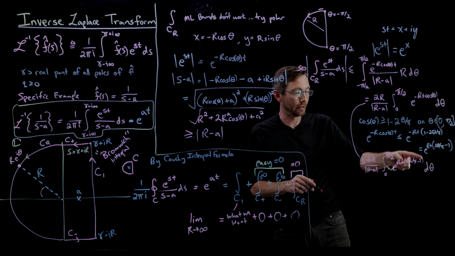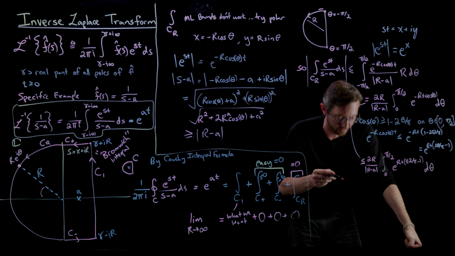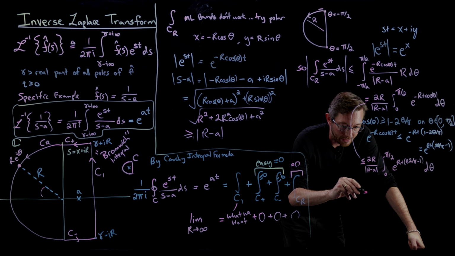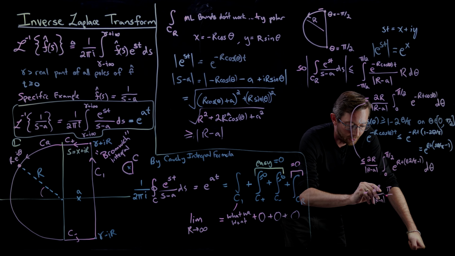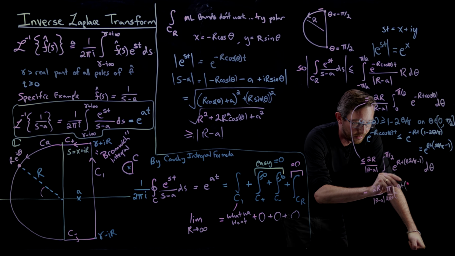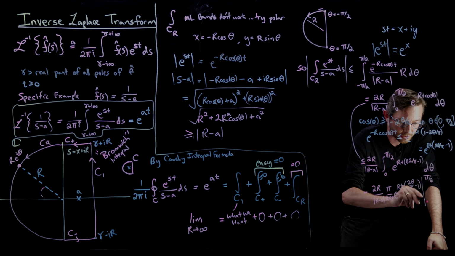This is now an integral of e to the theta constant plus a constant d theta. We can actually solve this in closed form, so we're basically there. And that equals 2r over norm of r minus a, pi over 2rt, e to the rt, 2 theta over pi minus 1, evaluated at the bounds of integration pi over 2 and 0.